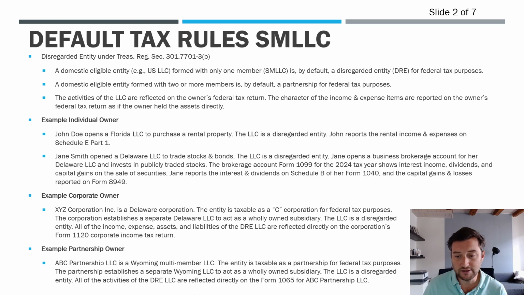So again, all the activities of that subsidiary LLC, the disregarded LLC, are just going directly on the 1065 for ABC Partnership LLC. So that's, at a high level, some examples of what happens when you have a single member LLC that's disregarded, and then it has those varying types of ownership.